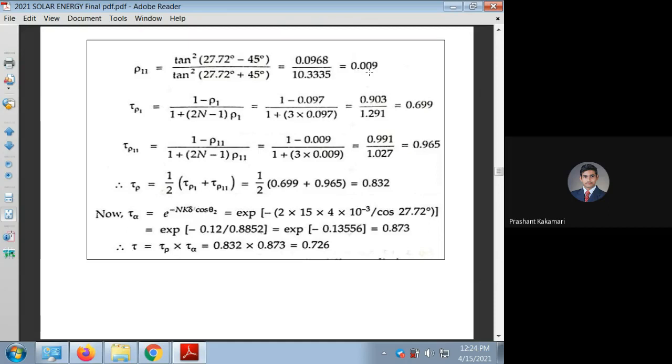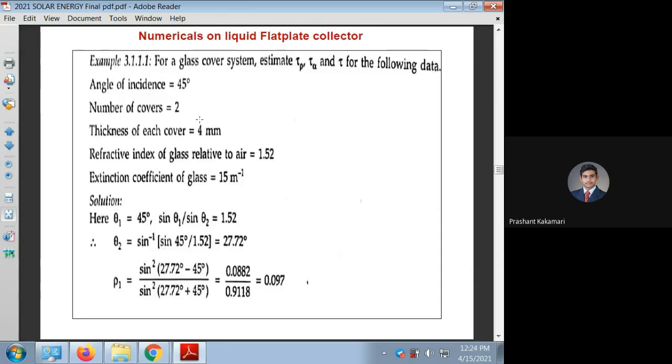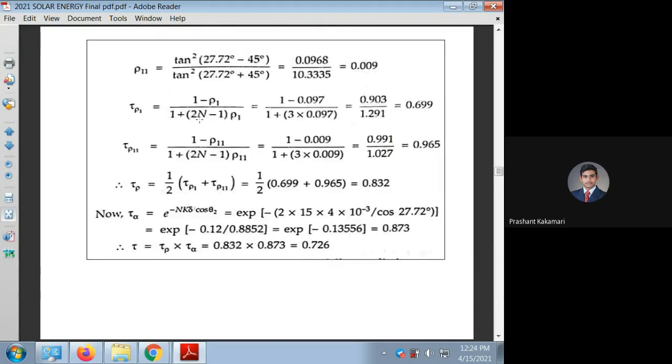Using this rho 1 and rho 2, we can now find the transmissivity due to reflection, or the reflective component, by 1 minus rho 1 divided by 1 plus 2 n minus 1 into rho 1. Earlier we discussed 2 into m minus 1. So m or n is nothing but the number of glass covers, which in this problem is given as 2. We only have to substitute rho 1 and n values.